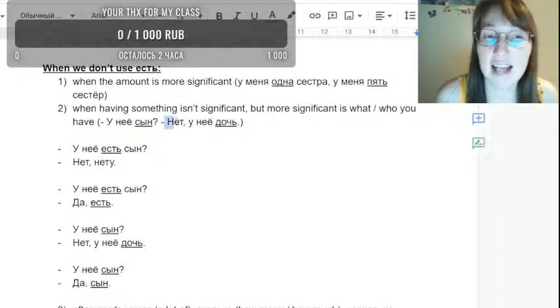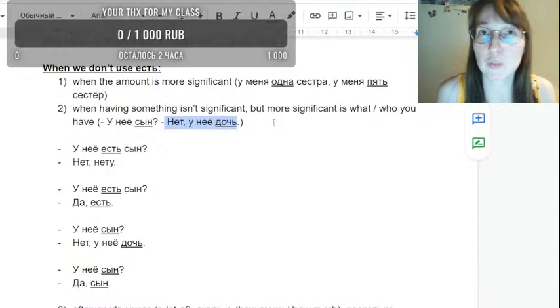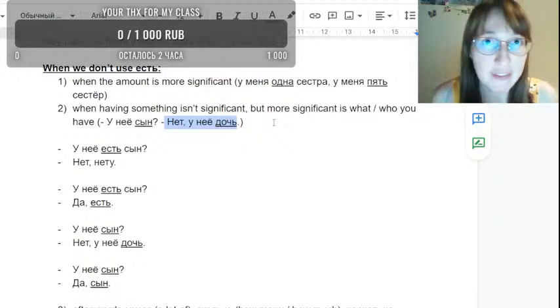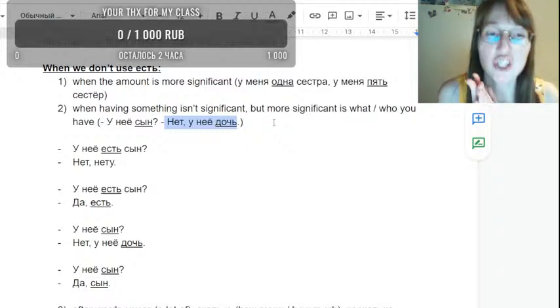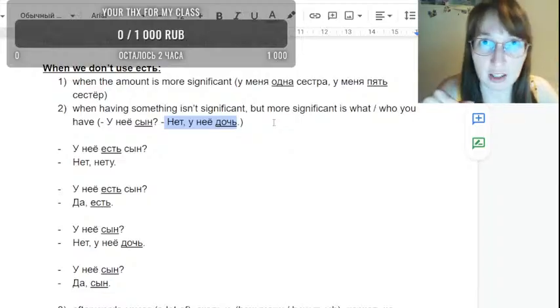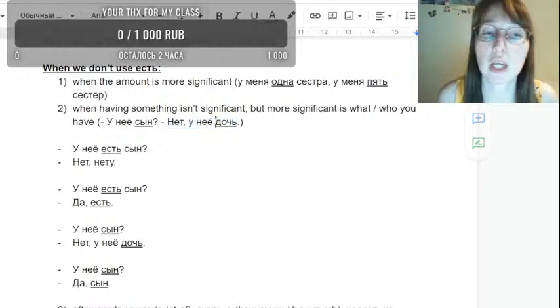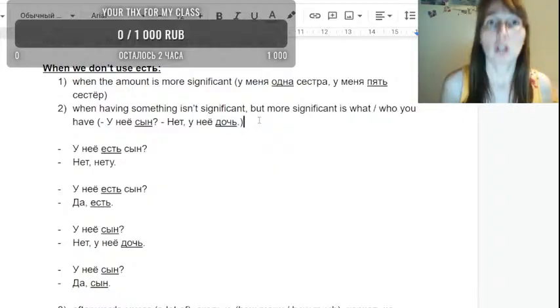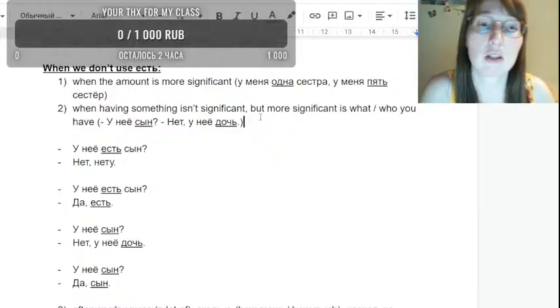And the answer is нет, у нее дочь. Again, we don't use the word yes. We say no, she has a daughter. The most significant thing is that she has exactly a daughter, not a son. So we don't use the word yes here. I told you about that, and again, if you skipped the previous class, then watch it on my channel.